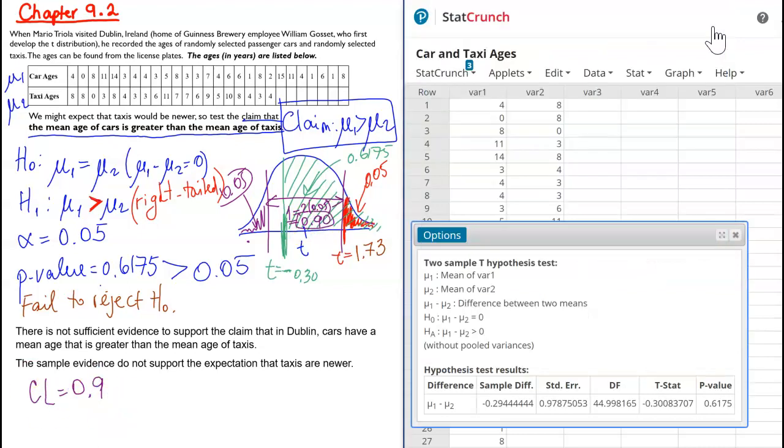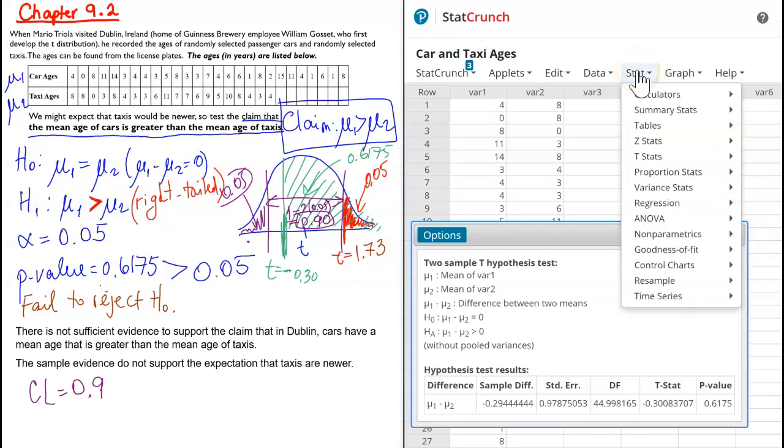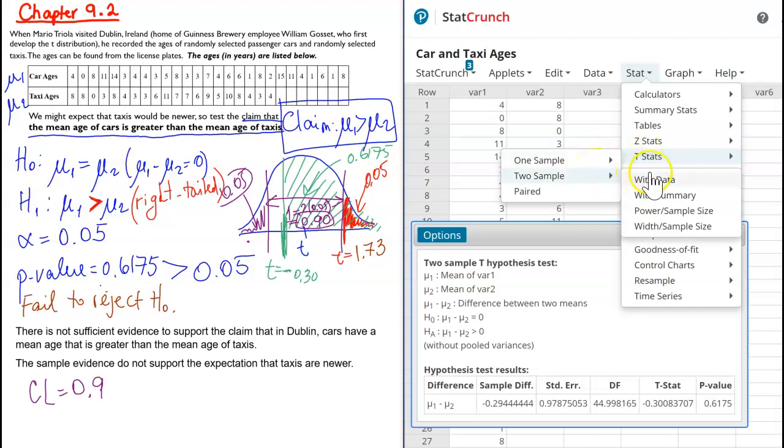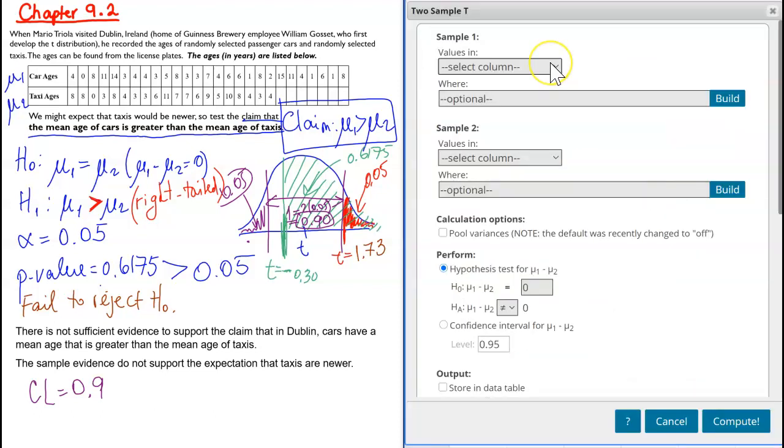To build the confidence interval in StatCrunch, go to Stat, T stats, two sample, with data. We are using the same data values, column var1 for sample 1 and column var2 for sample 2. Change the confidence level to 0.9, compute.